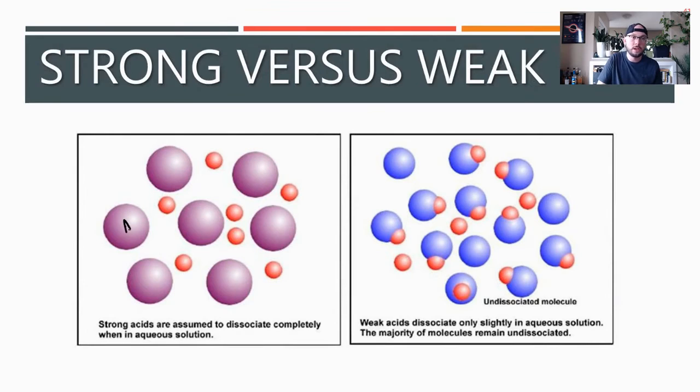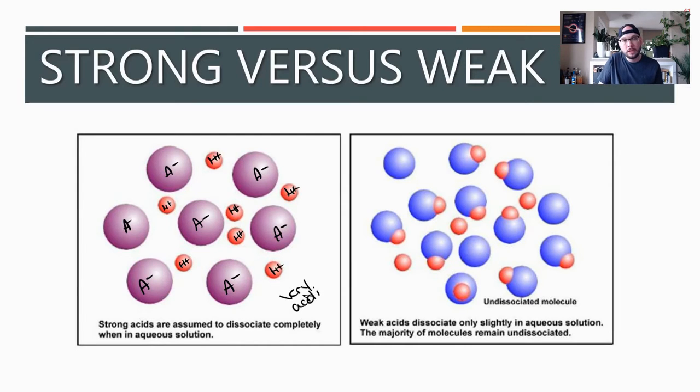So these are considered our A minus. Okay, so we can see that there is no molecule version of these anymore. They completely dissociate into the A minus and the H+. So we can see that there's lots of H+, which makes this very acidic.